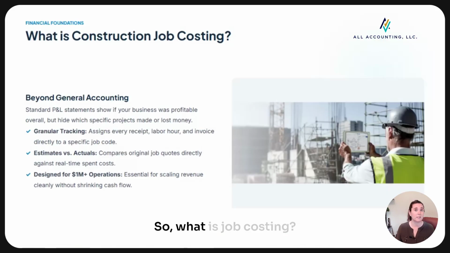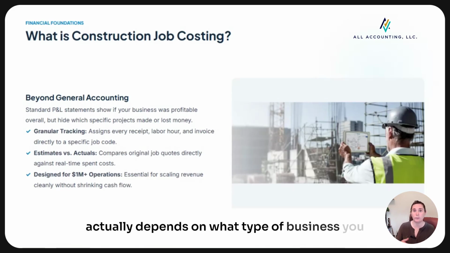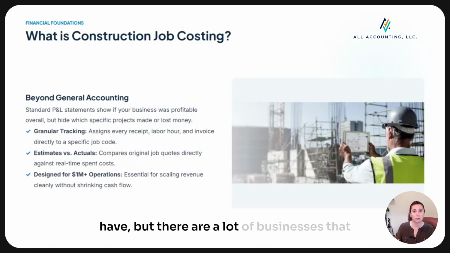So, what is job costing? In normal day-to-day accounting, we do a lot of general accounting, and it depends on what type of business you have, but there are a lot of businesses that need to break their financials into more granular reporting. That's what job costing does.